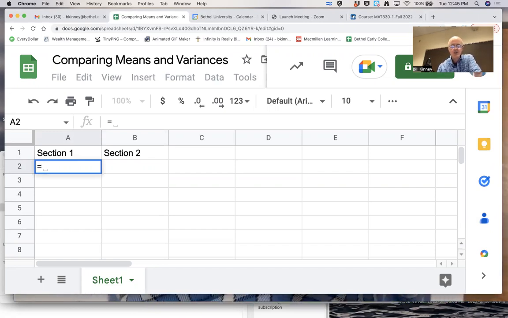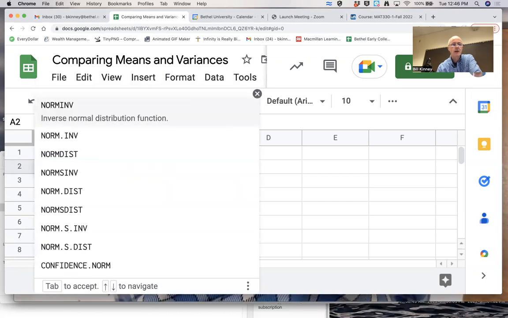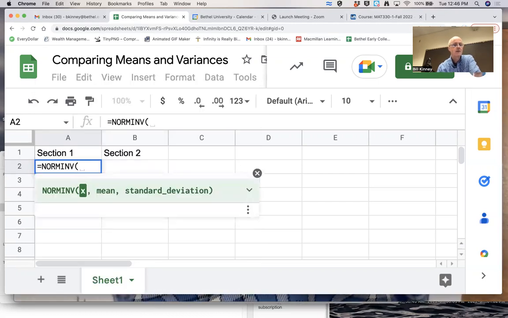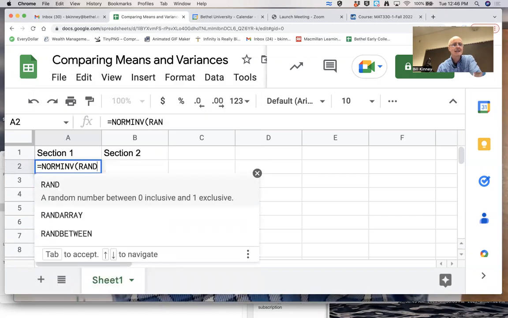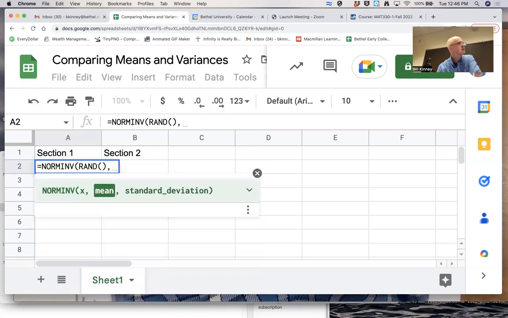Let's pretend that, as would be realistic, in reality the means of these two sections and their variances are slightly different at least. So we could use NORM.INV along with RAND to simulate sampling from a normal distribution. We did this before. And it's a final exam.